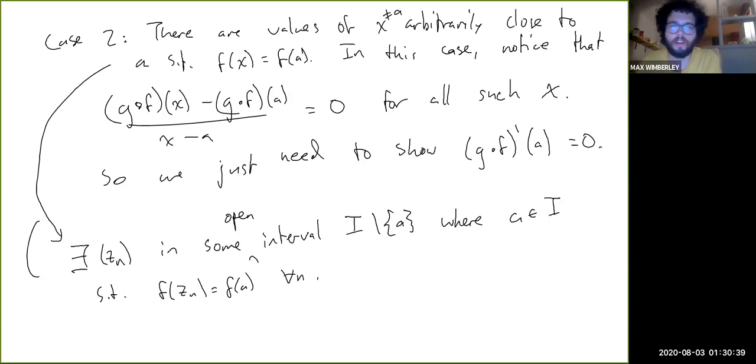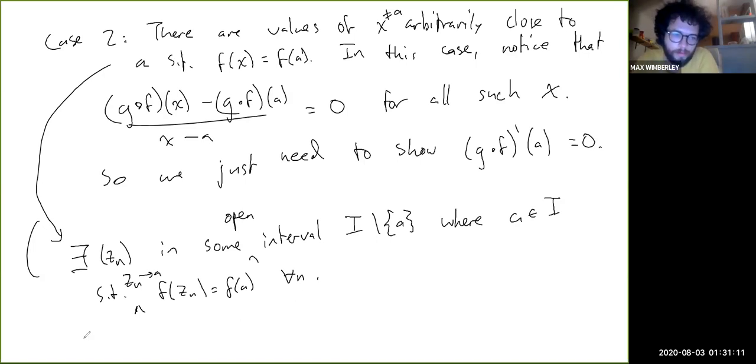Okay, so this is just a sequence of points getting arbitrarily close to a, such that zn converges to a and f of zn equals f of a for all n.